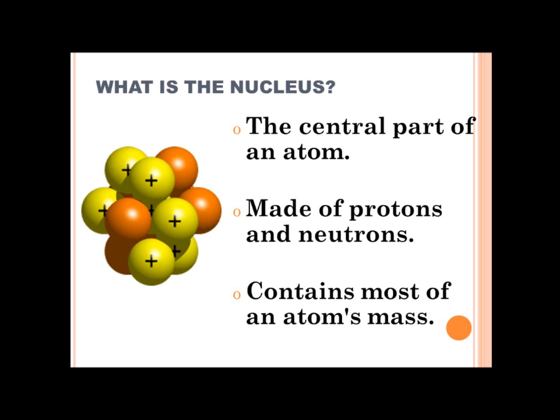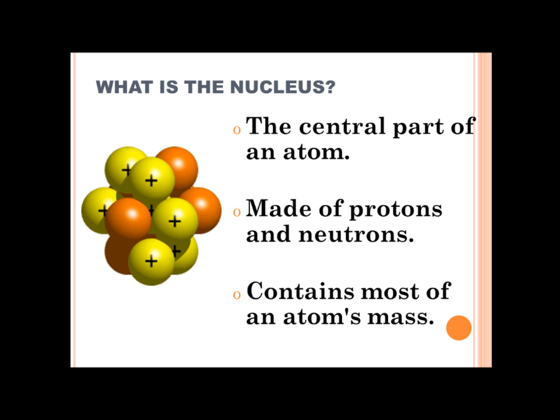It's made of protons and neutrons, which we'll talk about in a second. And this is where most of an atom's mass is located. So if we say that an atom has a mass of 12, most of that 12 is going to be in the nucleus, because electrons are outside the nucleus and they're very tiny, so they don't really take up that much mass.